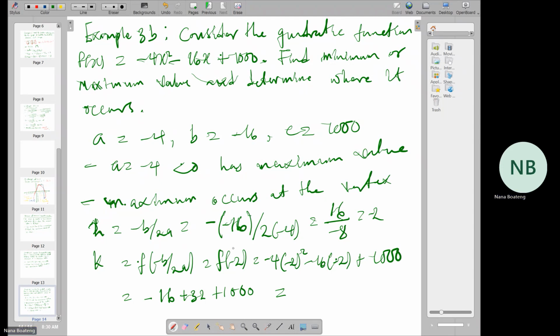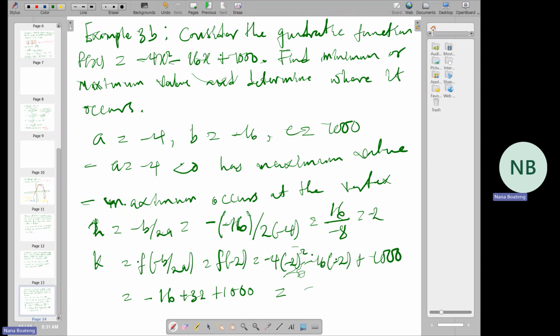First of all, h is negative 2. Negative 4 times negative 2 squared is negative 16, minus negative 16 is positive 16, plus 1000.